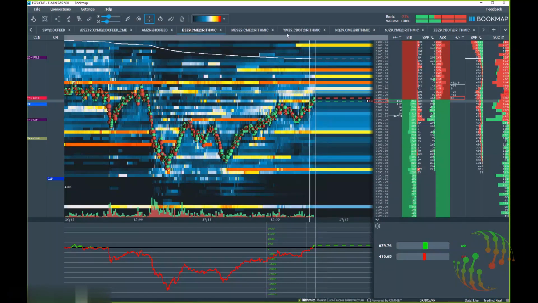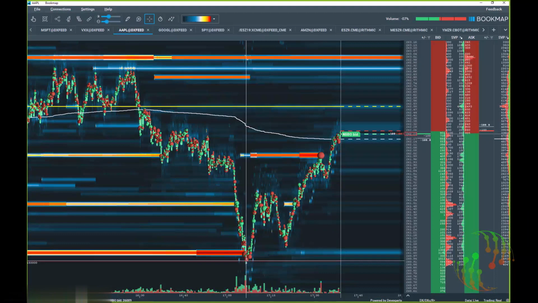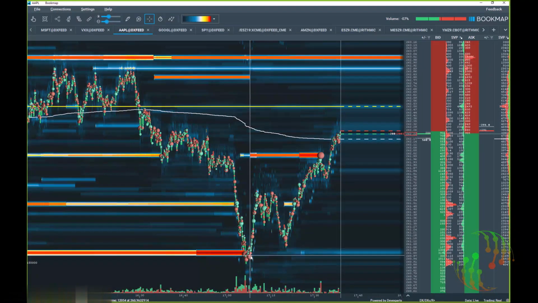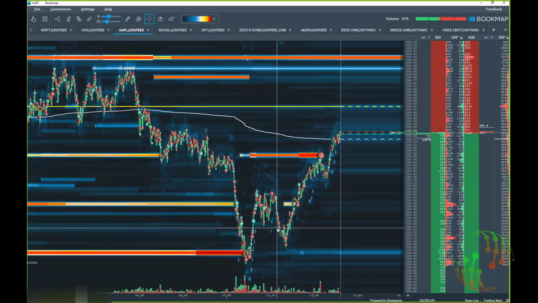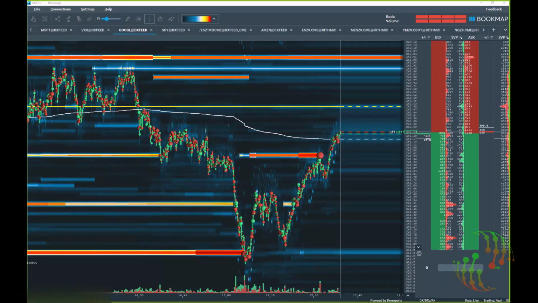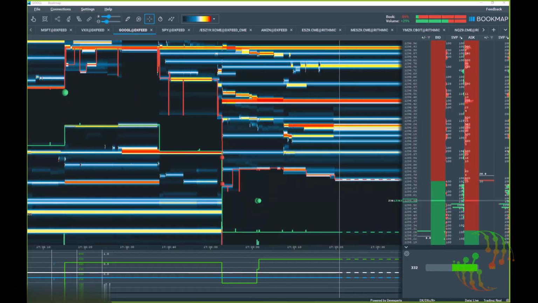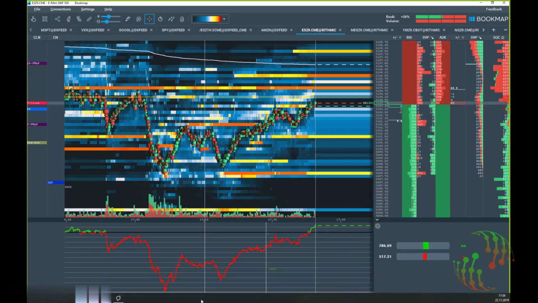That's especially when you look at Amazon or Apple, you see how they are supporting the S&P here, Apple. Absorption, and then when you have this chart on another monitor, you can really be sure that this, let me extract this chart here.